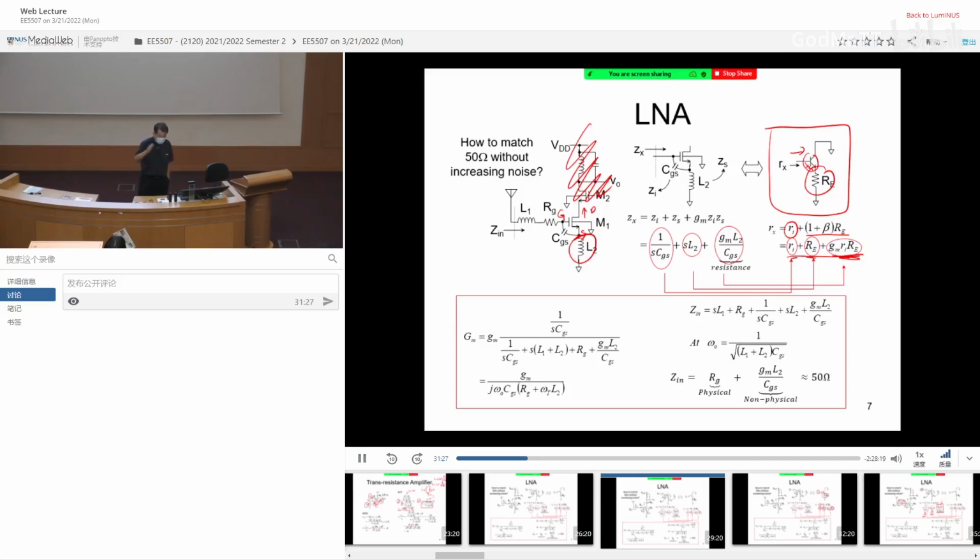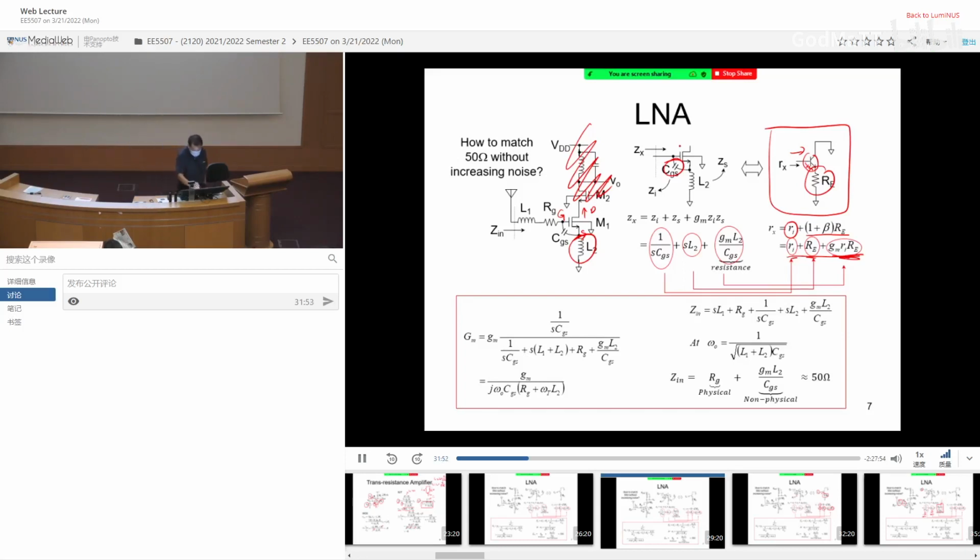Remember, MOSFET and BJT are very similar. Here, the only difference is that the BJT has Ri. The MOSFET doesn't have Ri. But at high frequency, although you don't have Ri, you do have something similar to Ri. You have CGS. And what is the equivalent impedance for this CGS? 1 over sCGS.